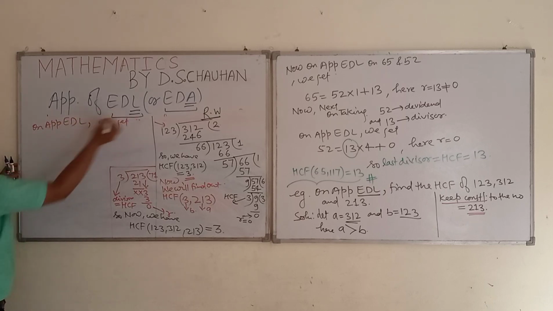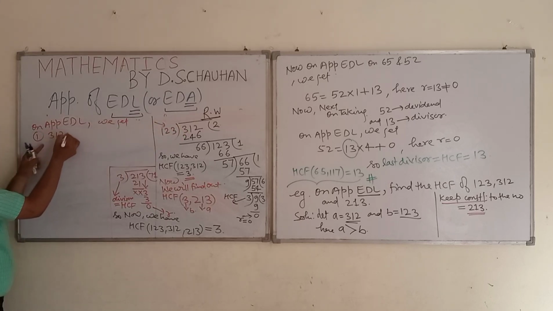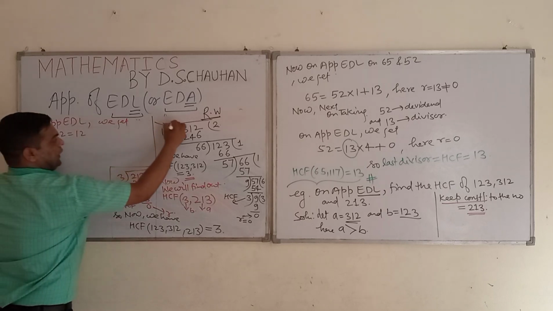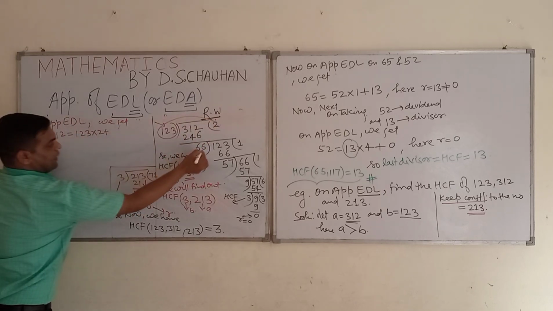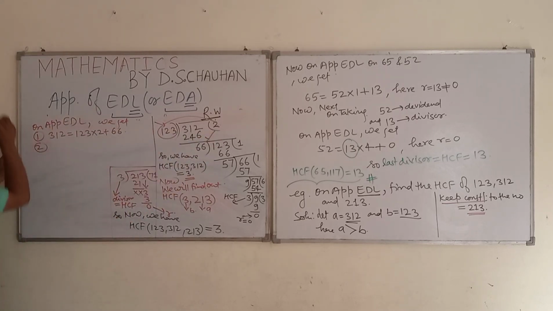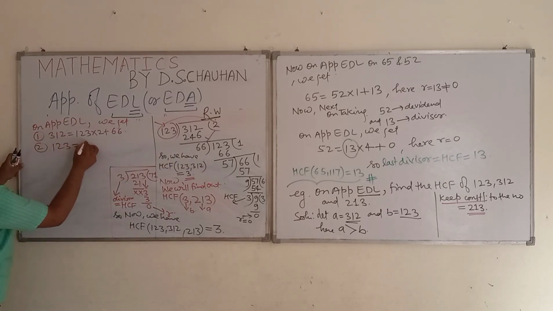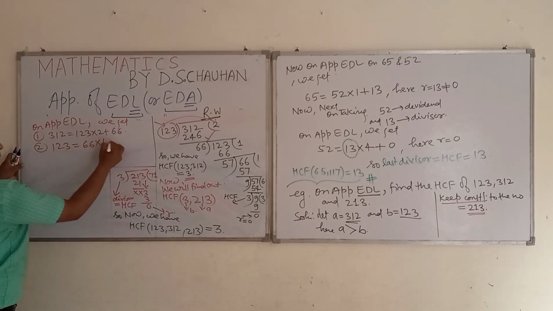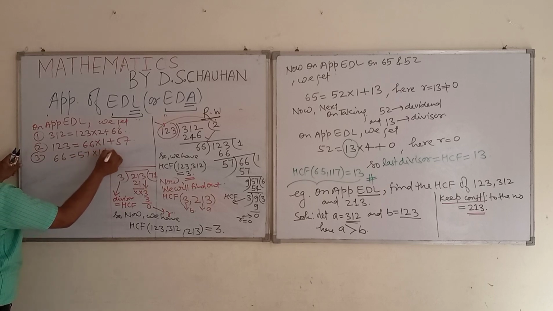See students, here you can note down stepwise. This 312 can be written as 123 into 2 plus remainder 66. Next point, students, here 123 can be written as 66 into 1 plus 57. Next point, this 66 can be written as 57 into 1 plus 9.